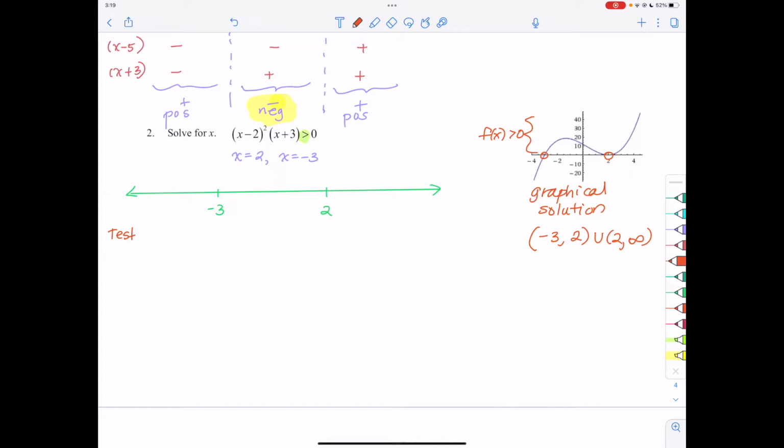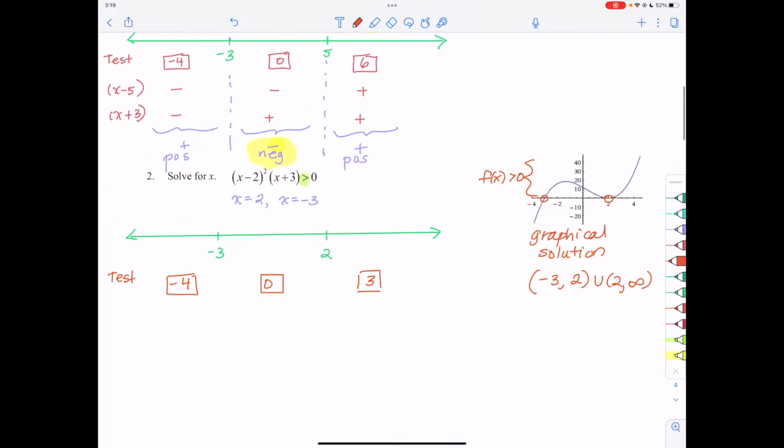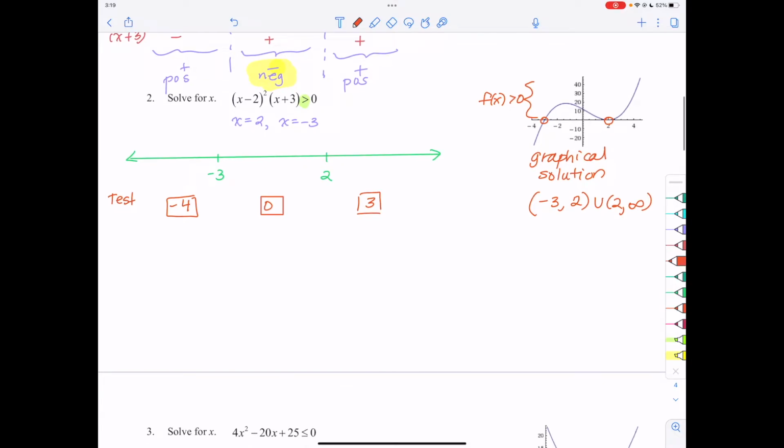We can test -4. Of course, we will choose 0 again, and then 3. Okay, and plugging these in, we have our two factors, which are (x - 2) all squared and (x + 3).